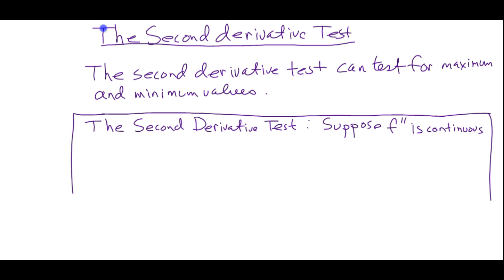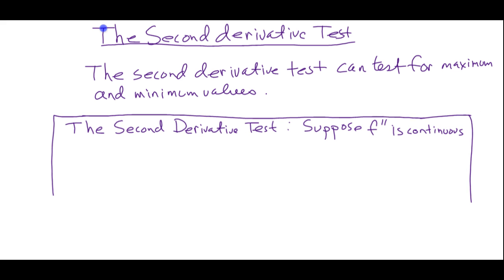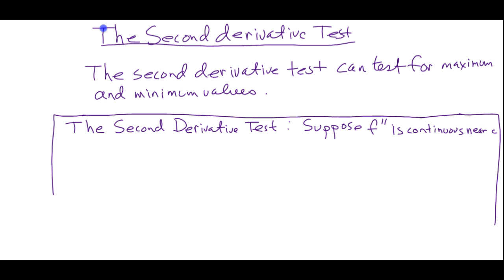So suppose the second derivative is continuous near c. There are two things. If f prime at c is equal to 0, if we have a critical number, remember when the first derivative is equal to 0, that's a critical number.